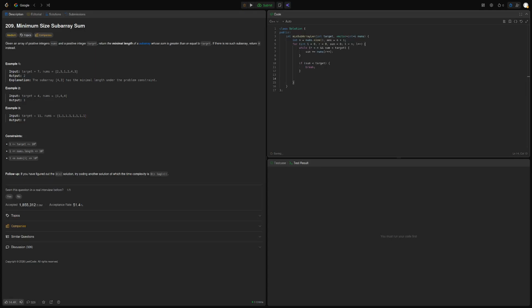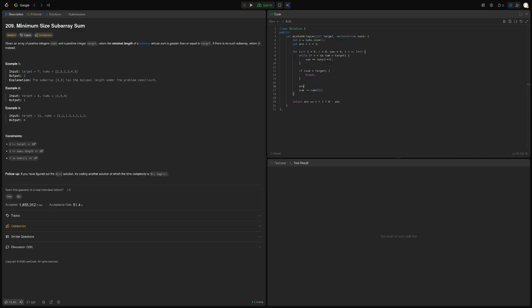Okay, and then what we do, sum minus equals nums L, and then finally we return: if ans is n plus 1, return 0, otherwise ans.